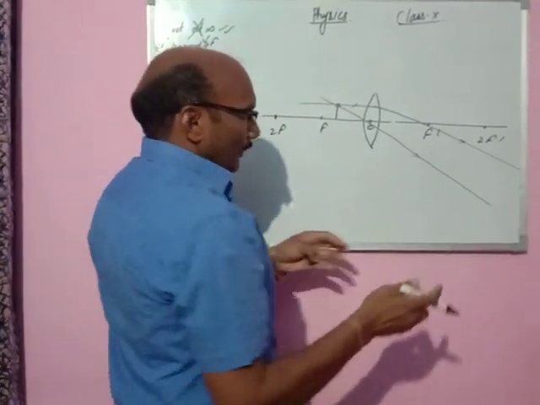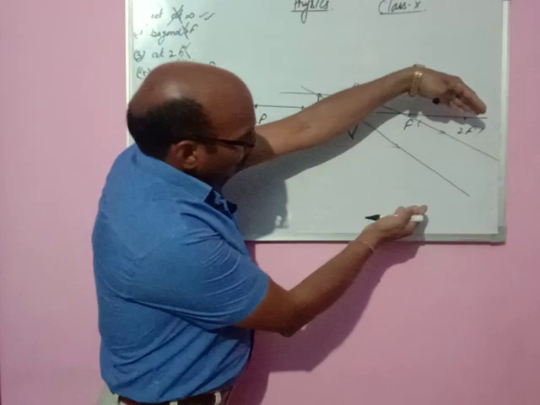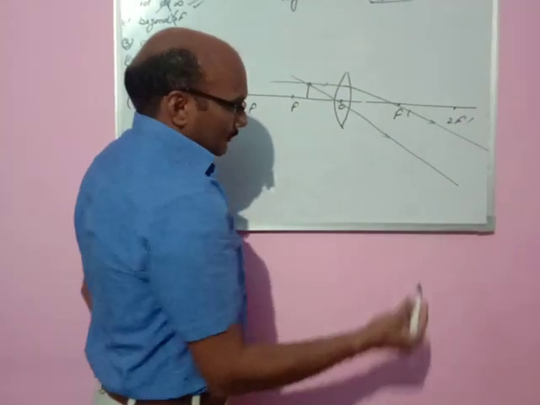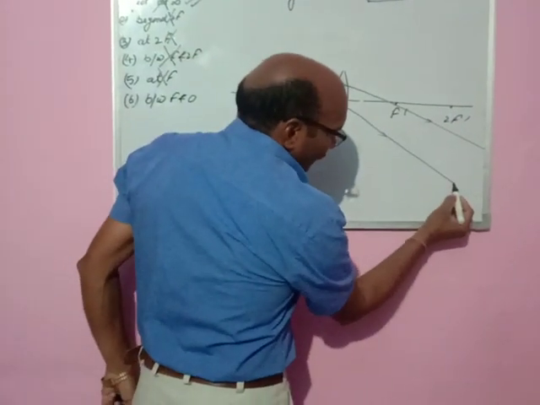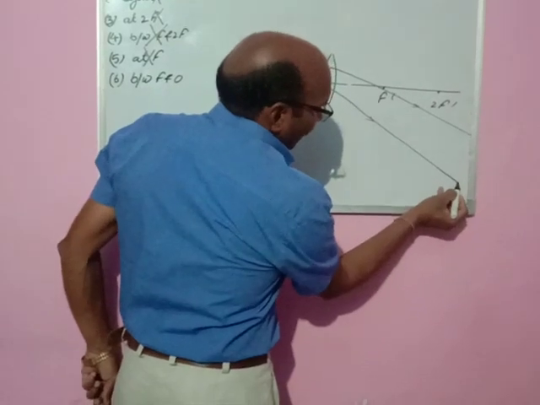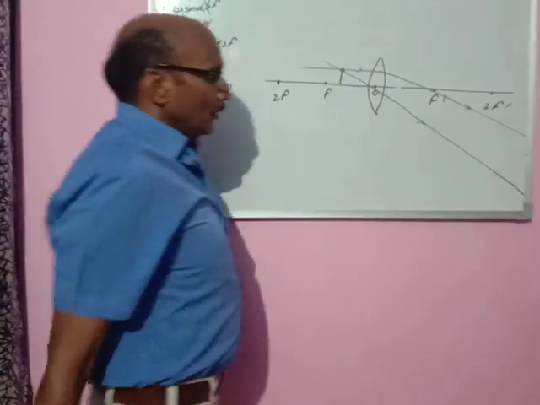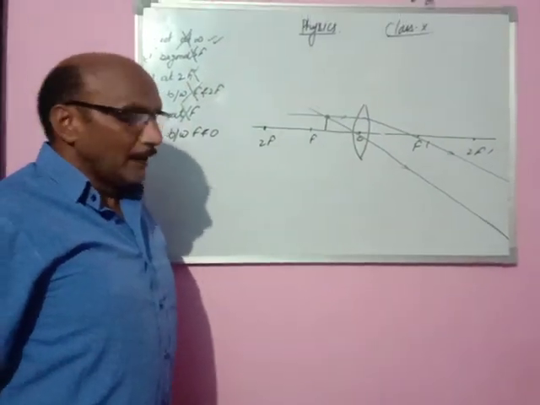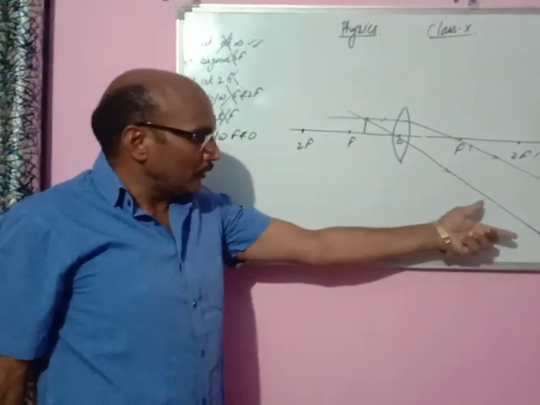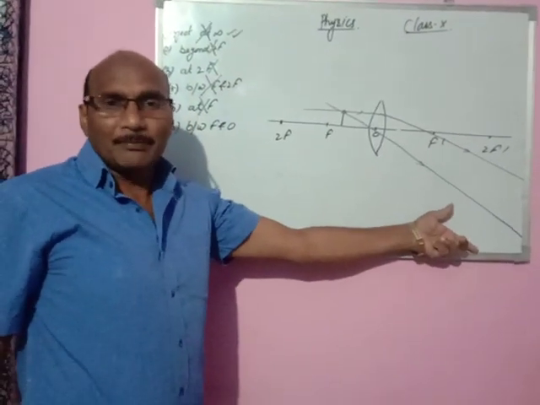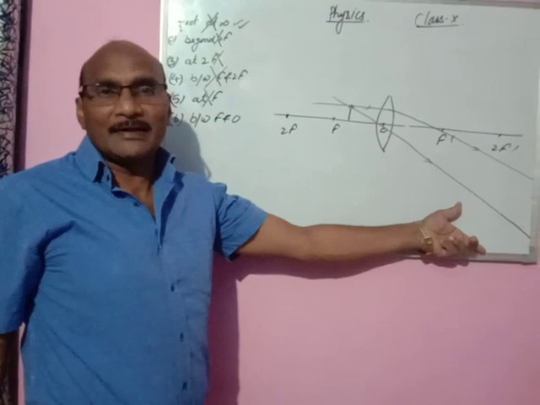So, I am observing the gap between these two light rays is increasing continuously as and when the light rays are going away from each other. So, as distance is more, in that case, the gap between these two refracted light rays will increase.